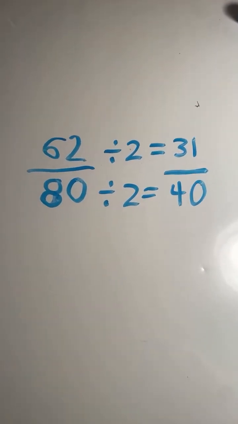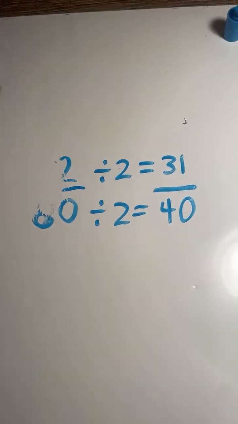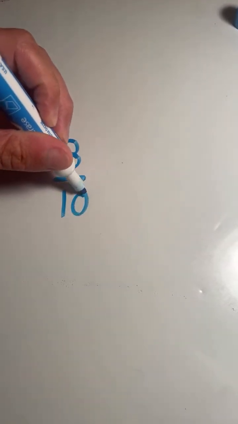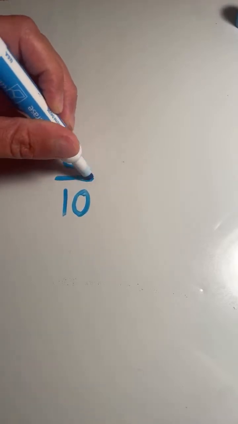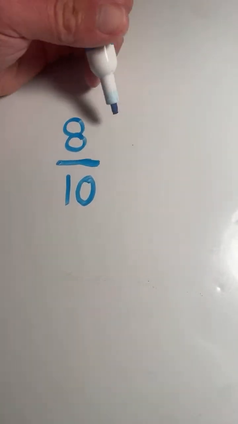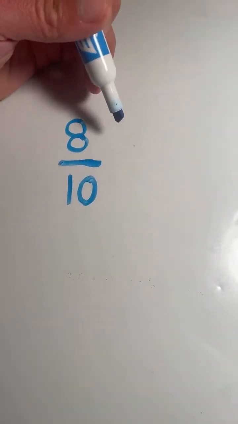All right, next example. Eight tenths. So the greatest common factor between 8 and 10 is 2, so we're going to divide by 2 to reduce to lowest terms.